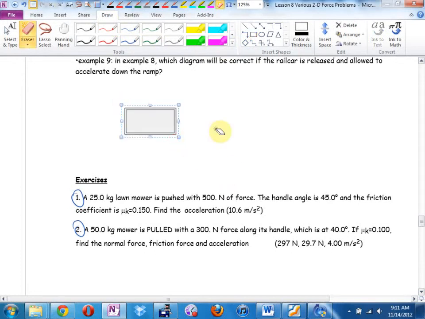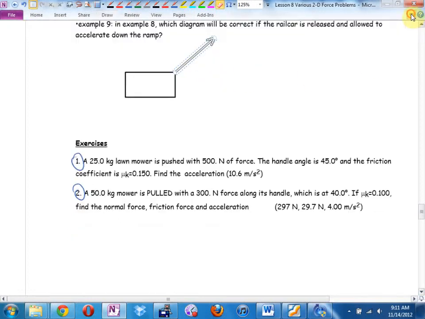Draw. There's my lawnmower. And we're pulling, yoink, 45 degrees, which is about there. What are the forces acting on this lawnmower? Get the obvious ones. Darn right, gravity.